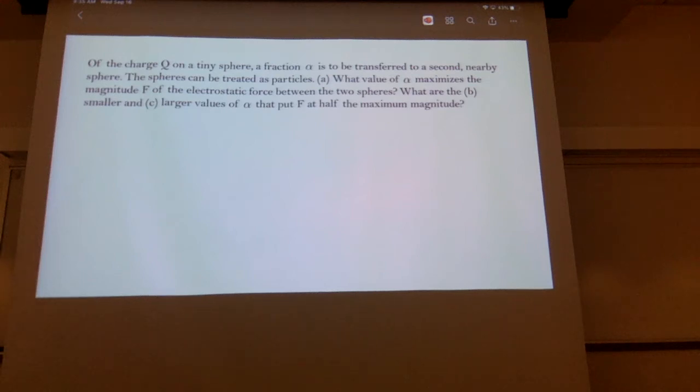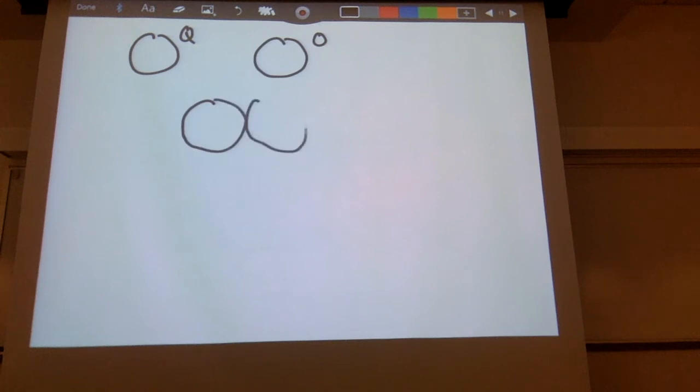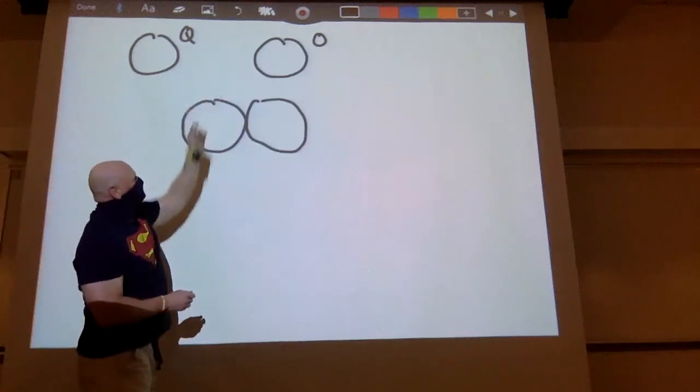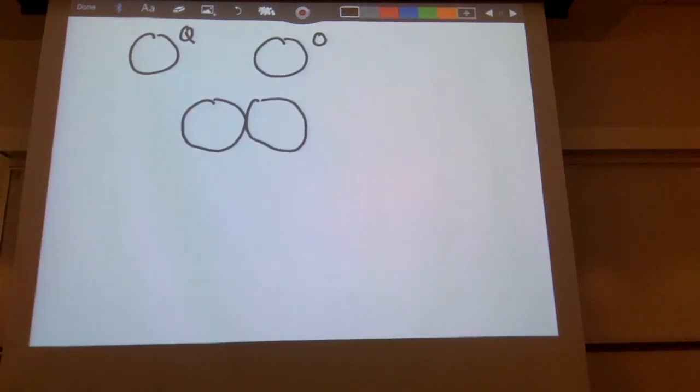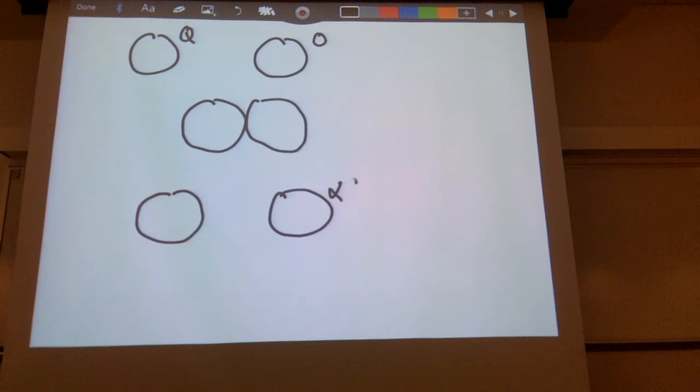So let me draw what's happening here. This will make a little more sense. I'm starting off with a sphere, which has a total charge of Q. I have a second sphere, which has 0 charge. Then I'm going to touch these two together so that some of the charge from this one gets transferred to this one. Basically, once I pull them apart, this one now has a fraction of the charge alpha Q, and this one has 1 minus alpha times Q charge left.